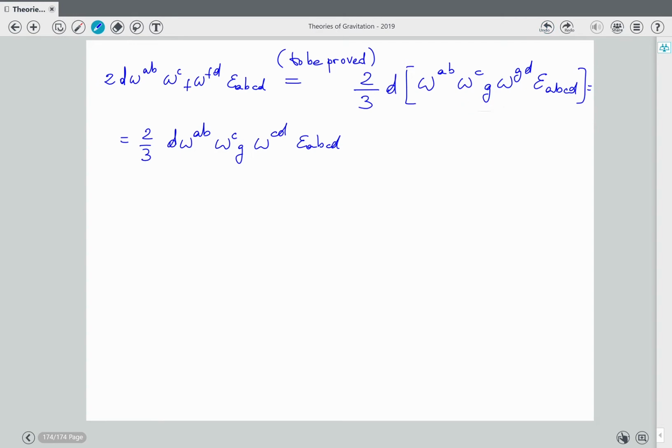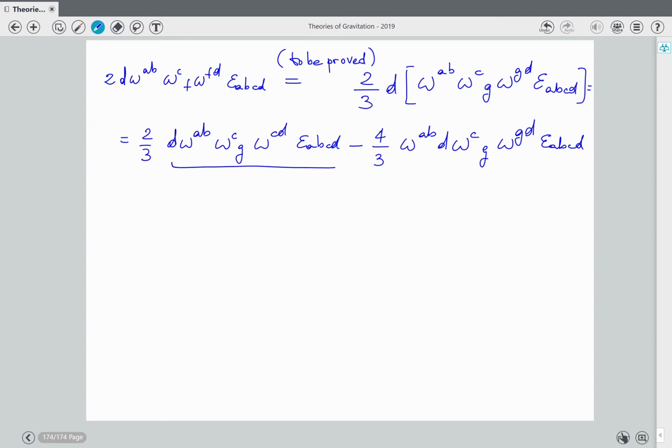So the two give the same contribution. So we write the d on the first one. So we have minus 4/3 omega AB d omega CG omega GD epsilon ABCD.